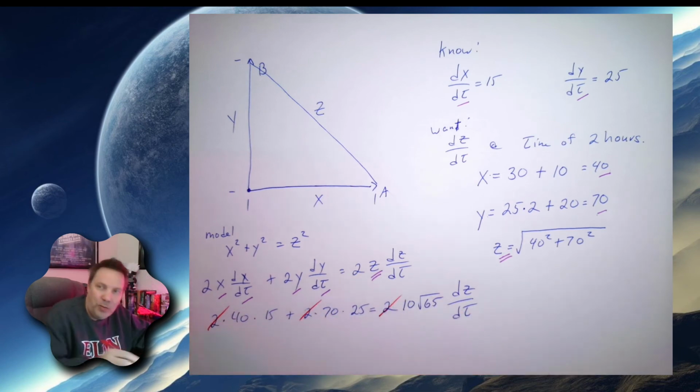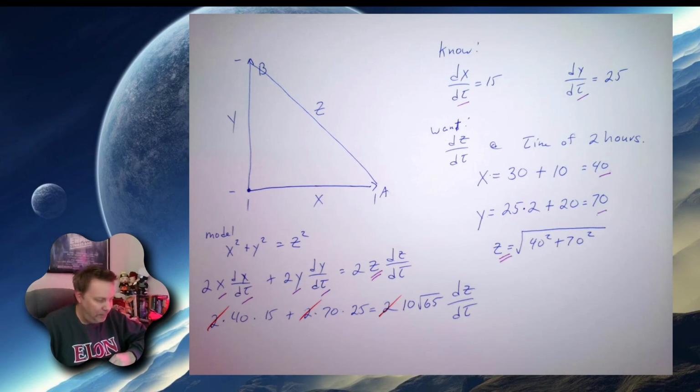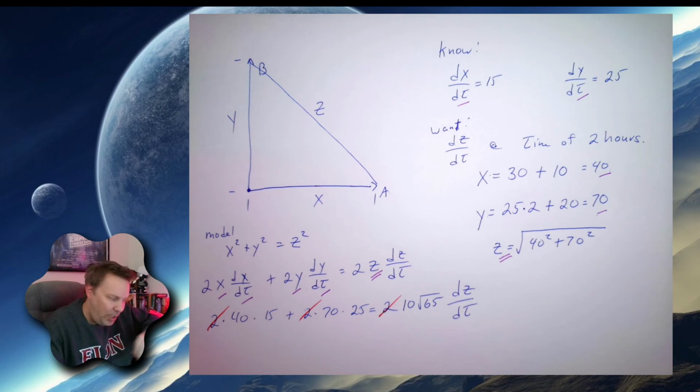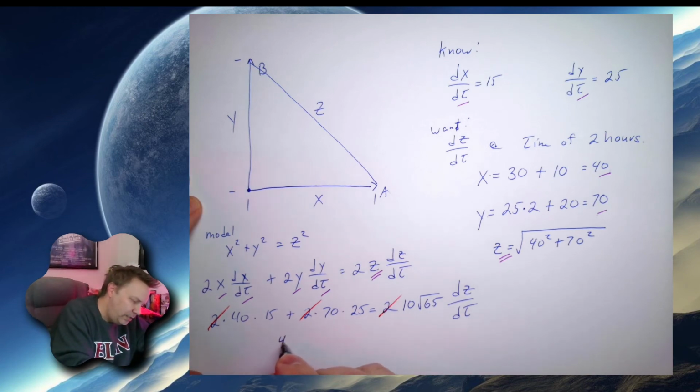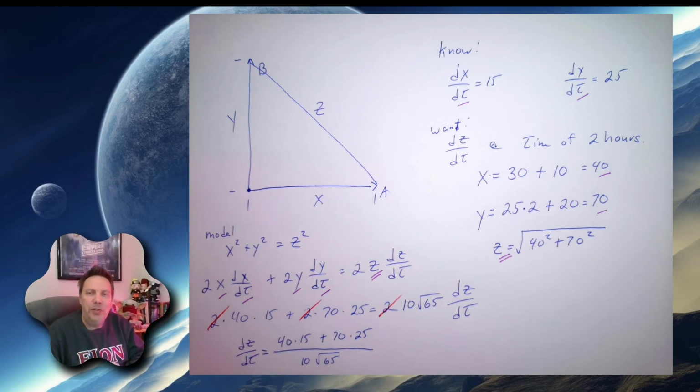So right now, we're sitting at an algebra step. And I'm just going to put everything together: 40 times 15 plus 70 times 25, all divided by 10 root 65. And that is dz/dt. You can do the numerical calculations on your own on this one.